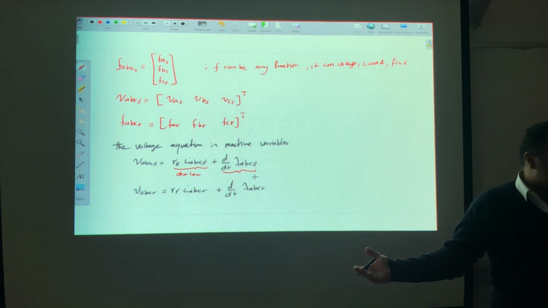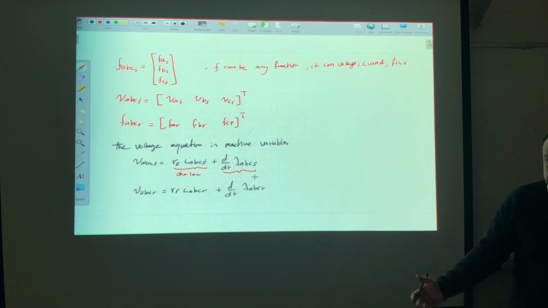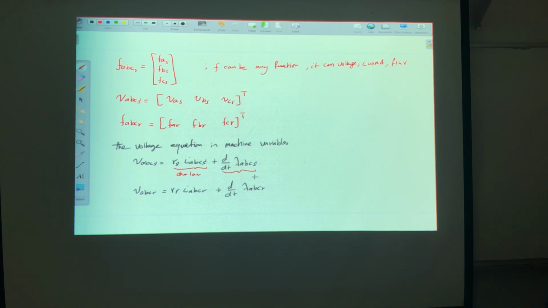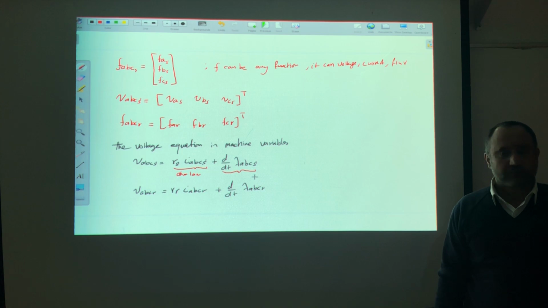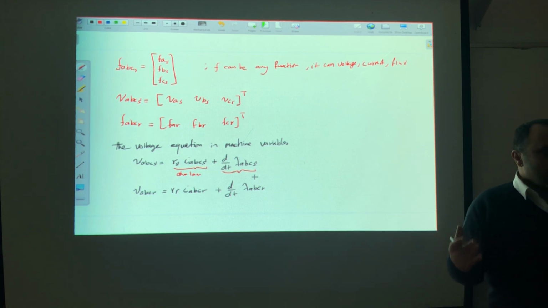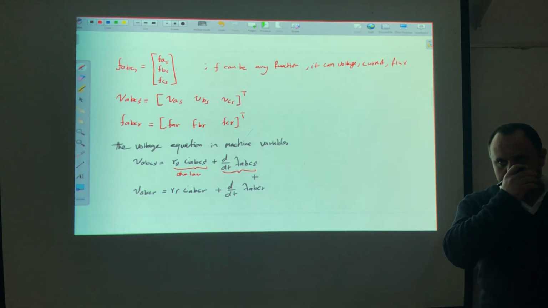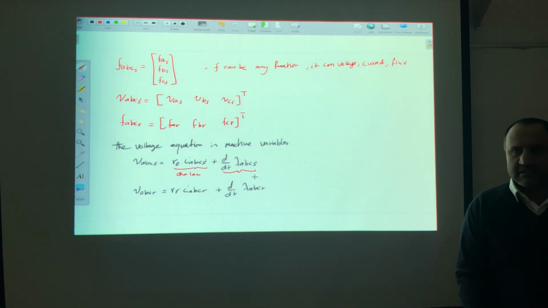Otherwise, I cannot generate any power. Correct? Why didn't we write it in terms of the impedance, just I_ABC times Z_ABC? Now the impedance is equal to R plus j omega L. Now, if L is time varying, how can we describe the impedance there?